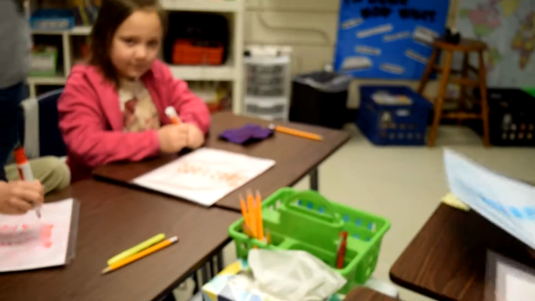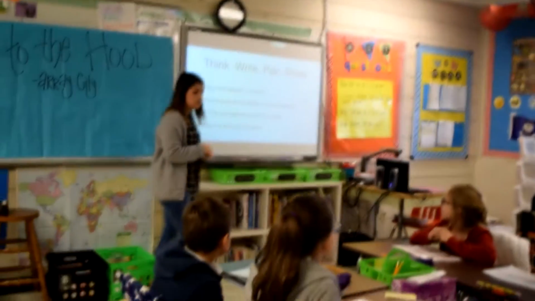Now I want you to pair with your shoulder partner and check your arrays and see if you have the same array. Yep. Same array. 1, 2, 3, eyes on me. 4, 5, 6, eyes on me.